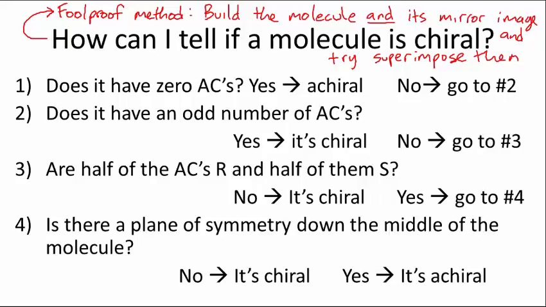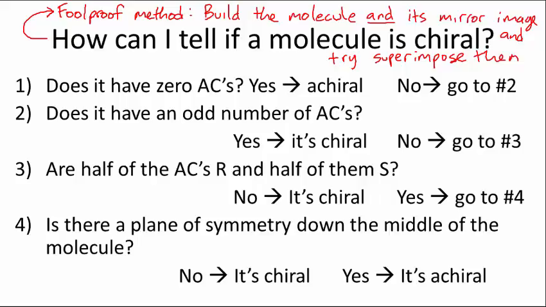All right. So if I want to tell if a molecule is chiral, the definition of chiral means non-superimposable on its mirror image. But you probably don't want to have to build every molecule and compare it to its mirror image.